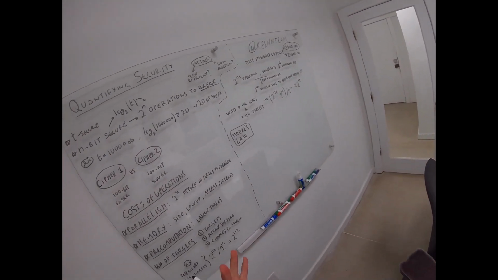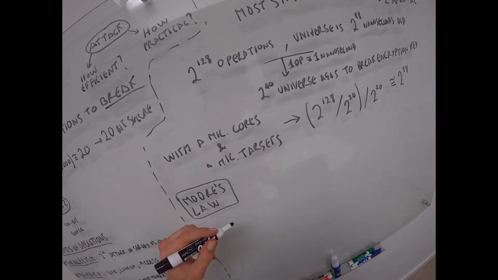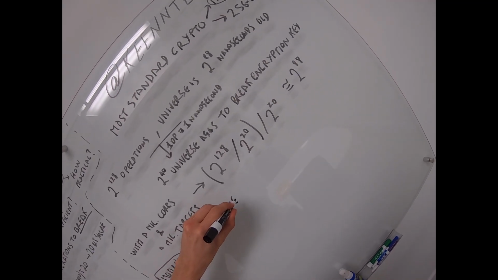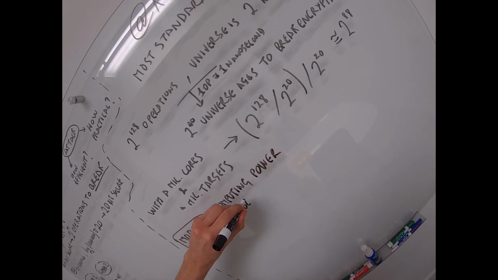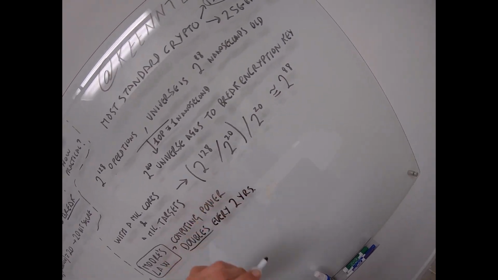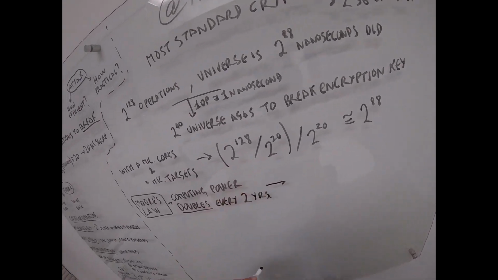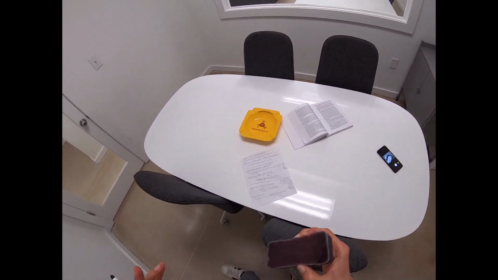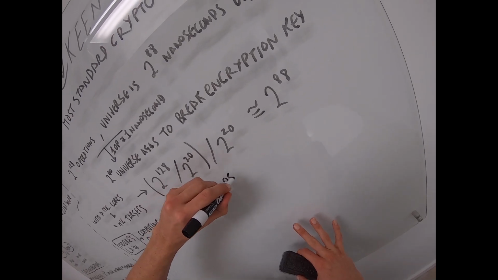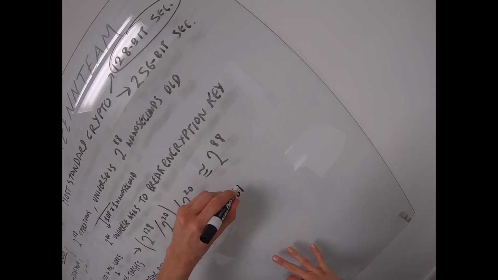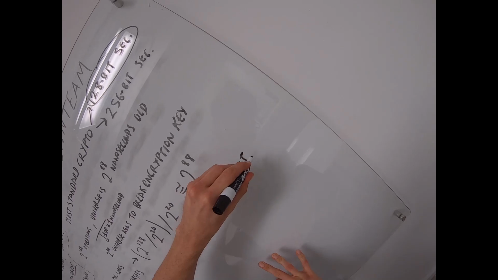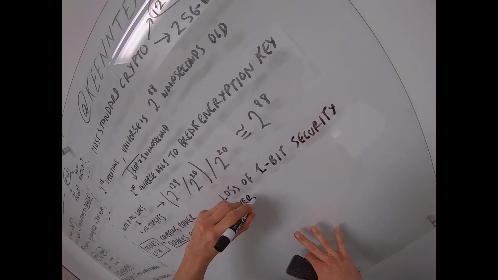That means, in cryptography terms, and especially what we just learned, that we lose 1 bit of security every 2 years.